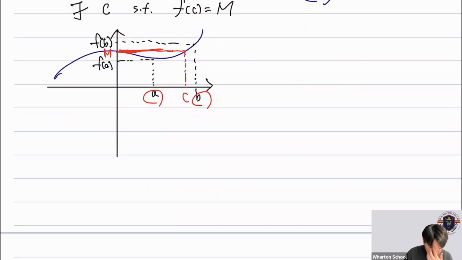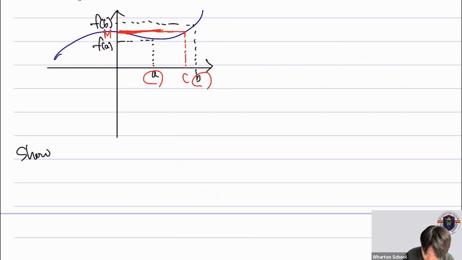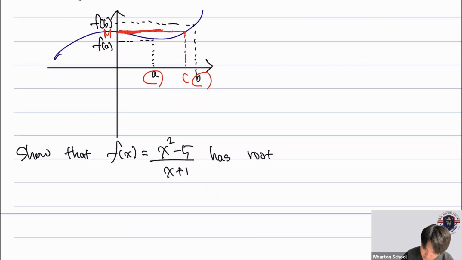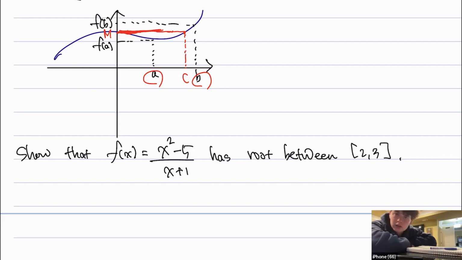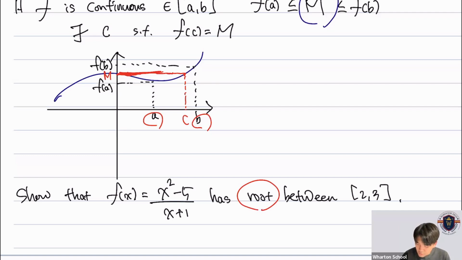So the question would mostly be a proving question, where they give you a function like this and ask you to show that it has a root between 2 and 3. So we have to find c, the root that makes f of c equal to 0.